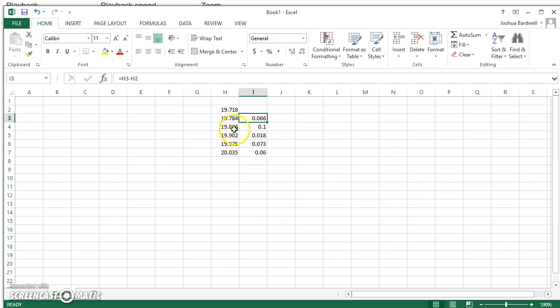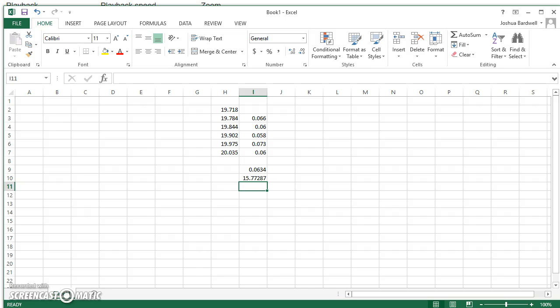Yeah, that seems closer to right. There we go. And then we'll take the average there, 0.0634, and then we'll take 1 over that number to give us the frequency. And it comes out to 15 hertz.